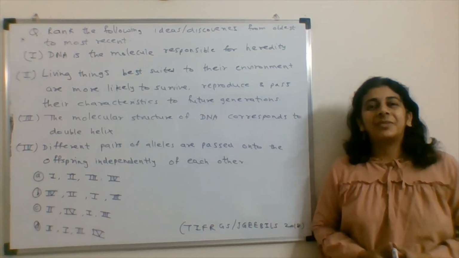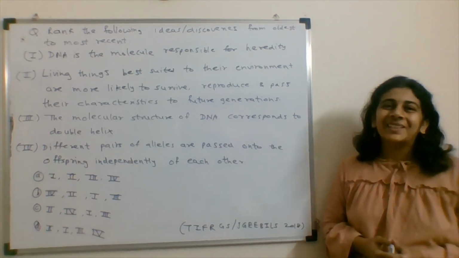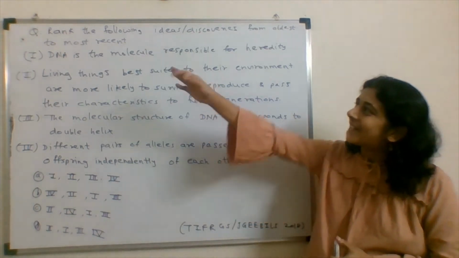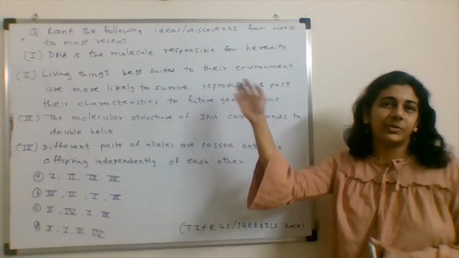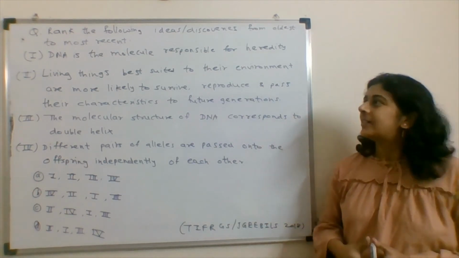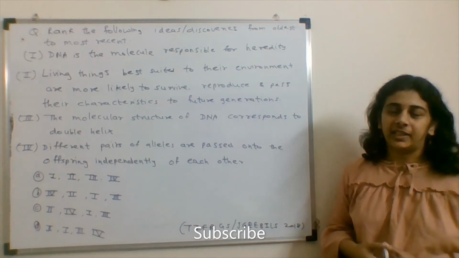Now time to have a question for my next video. Question is quite bigger. Let's see. Rank the following ideas or discoveries from oldest to most recent. DNA is the molecule responsible for heredity.